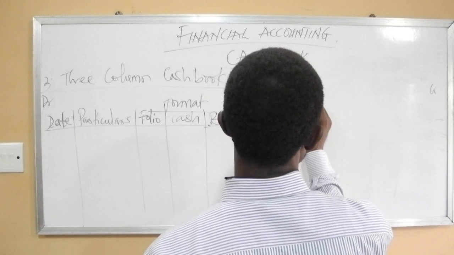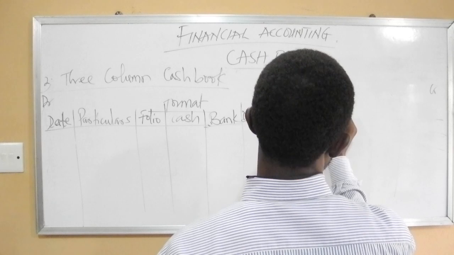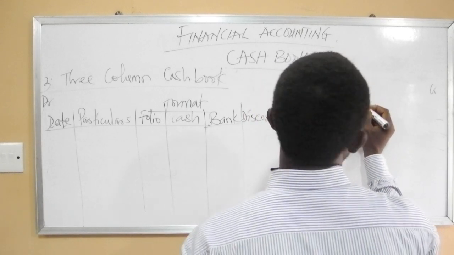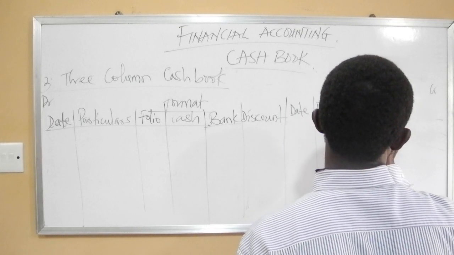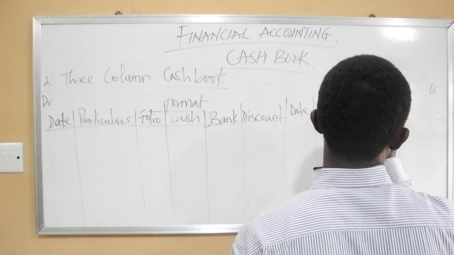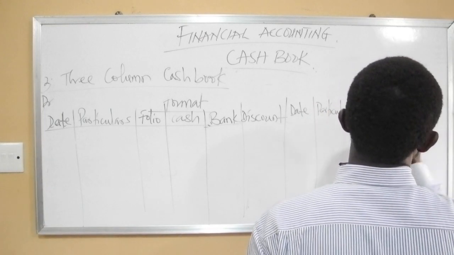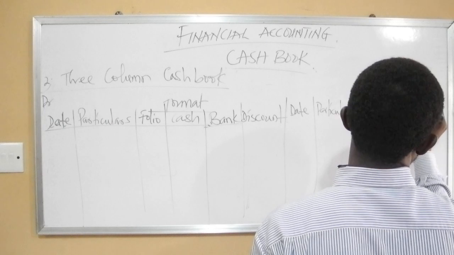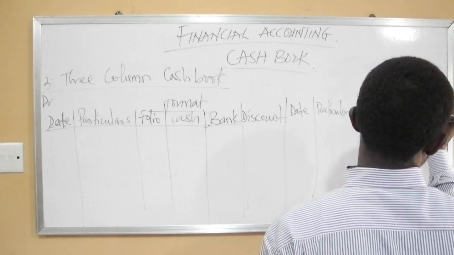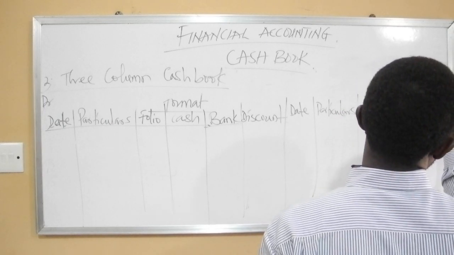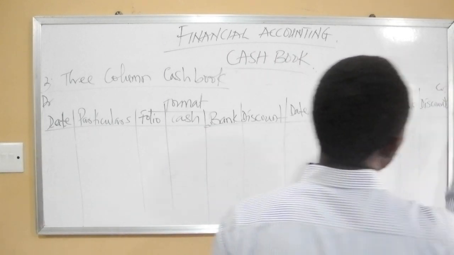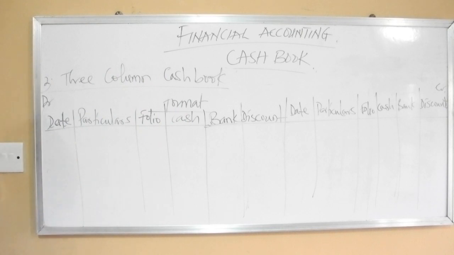Then I'll repeat the same thing on my credit side. Particulars, folio, cash, bank, then discount. Credit. All right, so this is the format for 3 column cash book.